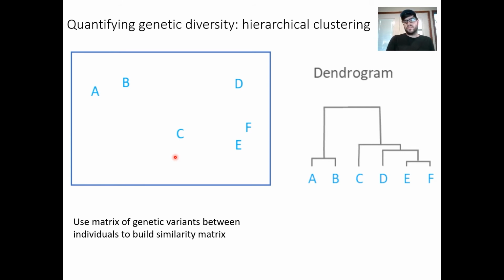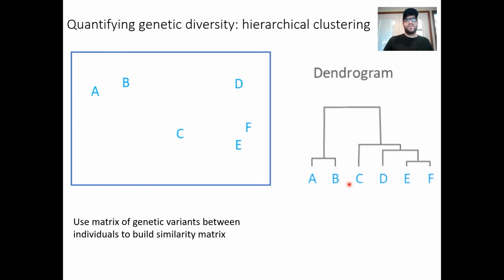If we want to cluster these, we could look at the Euclidean distance between all these individuals, and we could say, okay, on this distance, E and F are very close to each other, A and B are close to each other, and then we have this 2 grouping, where A and B are over here, and C, D, E, and F are over here. Then we can look at the Euclidean distance of each of these individual points against one another, and we can do this in a hierarchical way and build this dendrogram here, which is a good representation of our space.